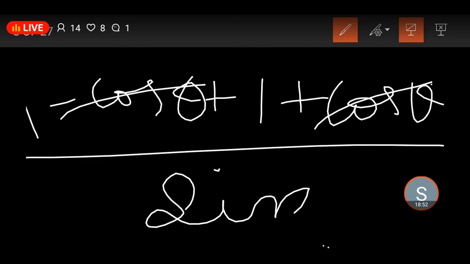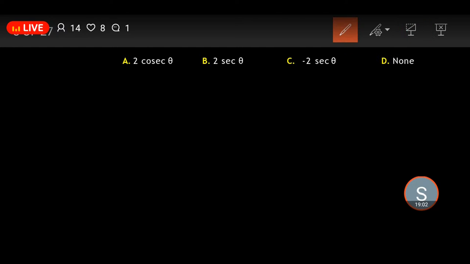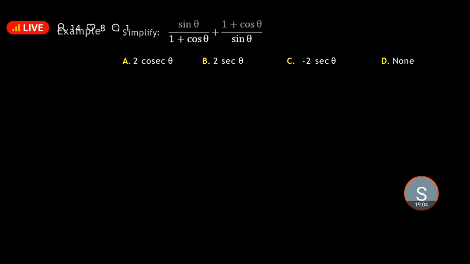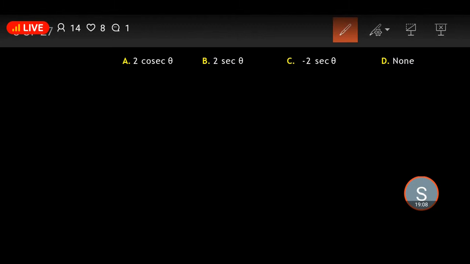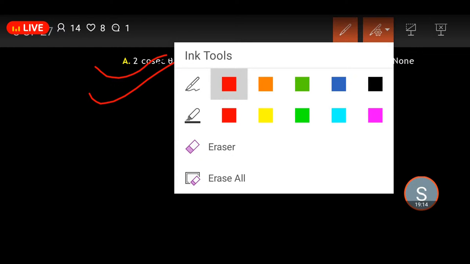You add 1 plus 1, that is 2, and 1 by sin theta is the reciprocal of sin theta, which is cosecant theta, so it is 2 cosecant theta. See the options. A will be the correct answer, right? A will be the correct answer. In this way you need to take your answer.